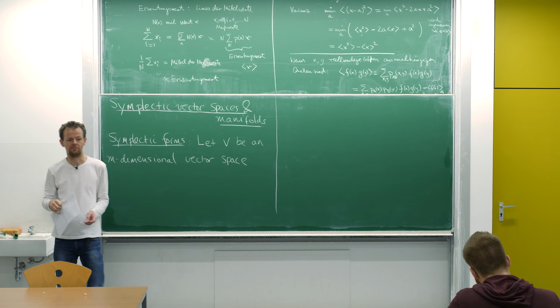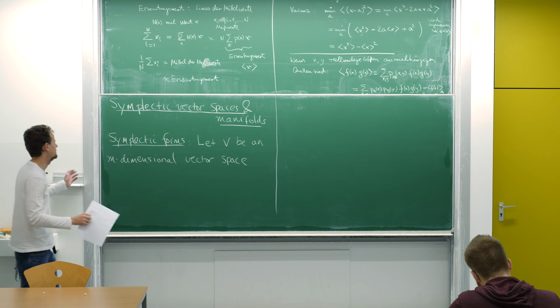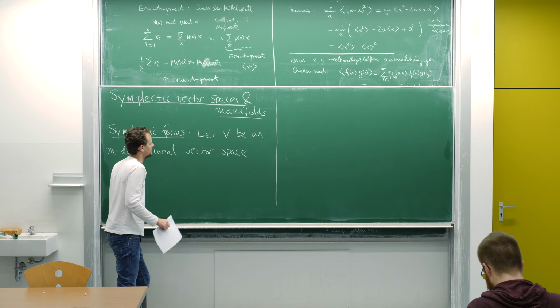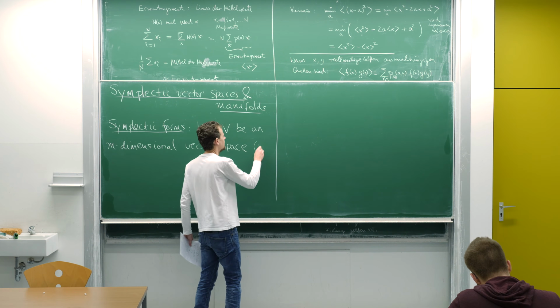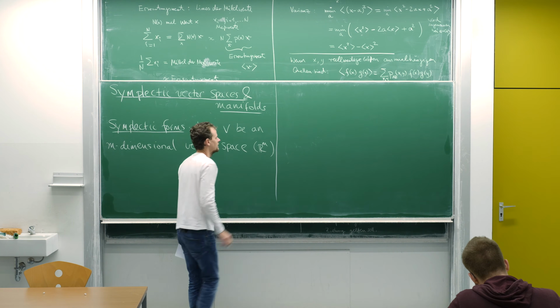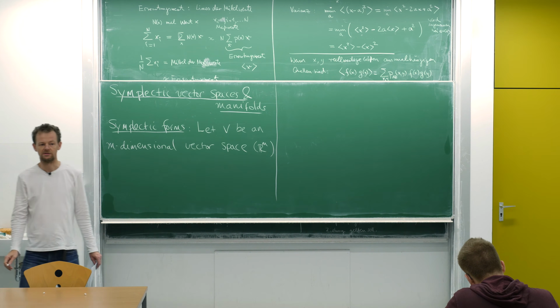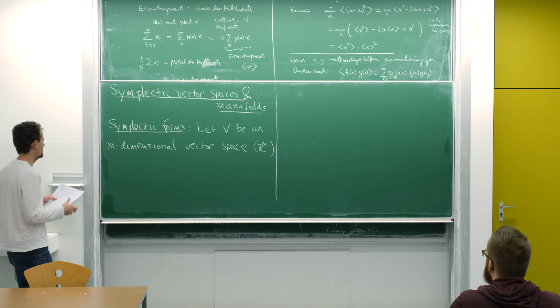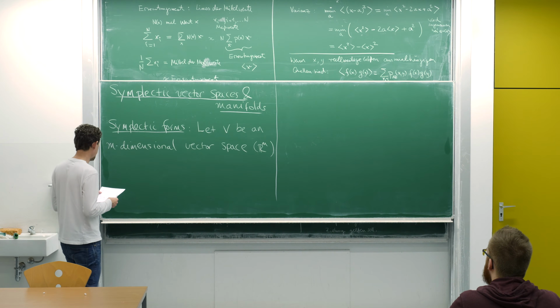So how hard can this be? V is just naturally isomorphic to the real numbers, Cartesian product m times. So let V be an m-dimensional real vector space.